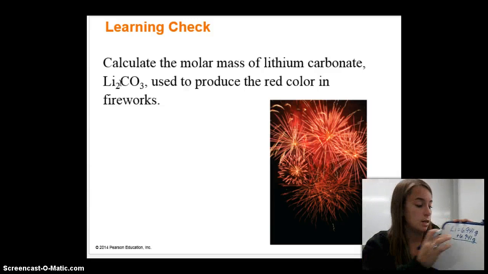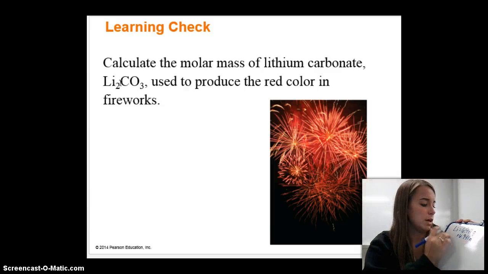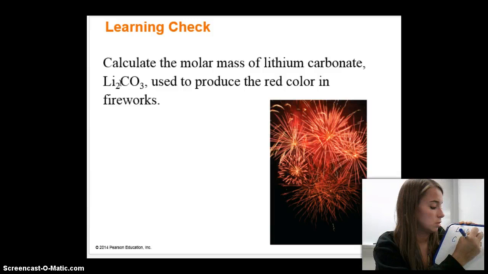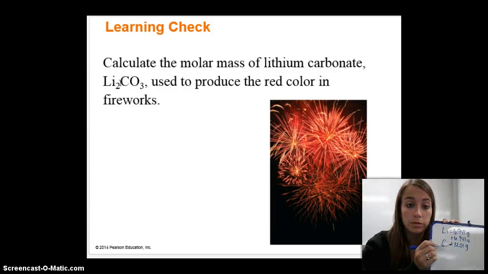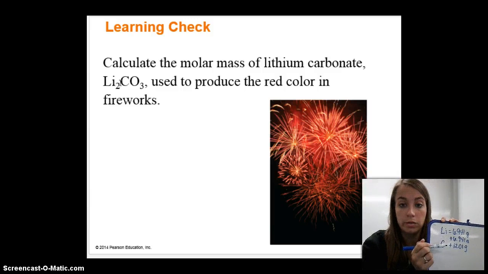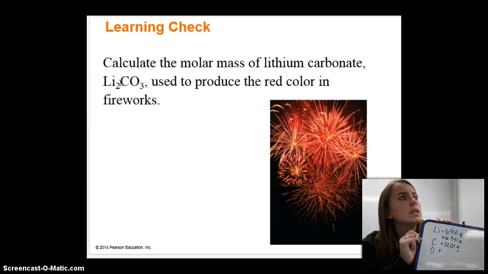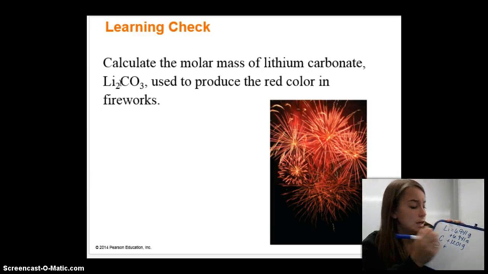Then I also have to add in the mass of carbon. We know that carbon's 12.01. That means that 1 mole of carbon atoms is 12.01 grams. And then 3 oxygen. Oxygen has a molar mass of 15.9994.